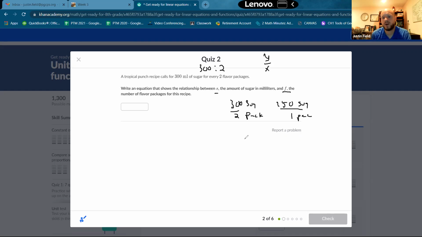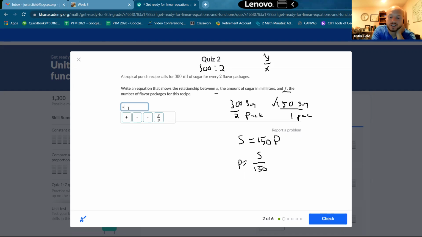So if we want to know the amount of sugar, what do we have to multiply the package number by? Each package has 150, so we could think of it like that: S equals 150 times P. Or if we want to know the number of packages, we could take the amount of sugar we have and divide it by 150. So I think there are 2 right answers, but because the first one doesn't have a fraction, I'm going to put it in.